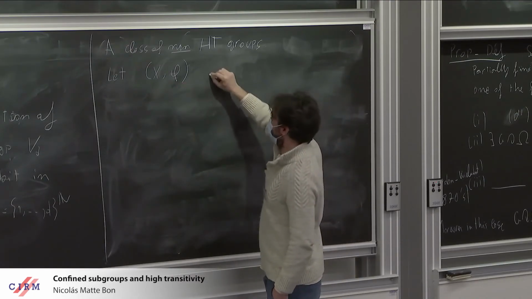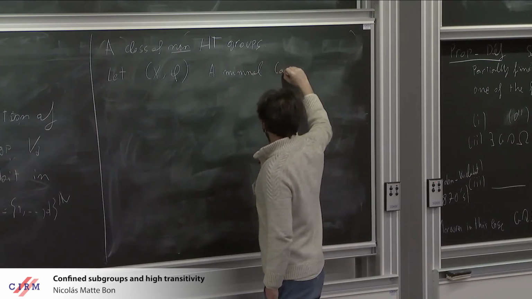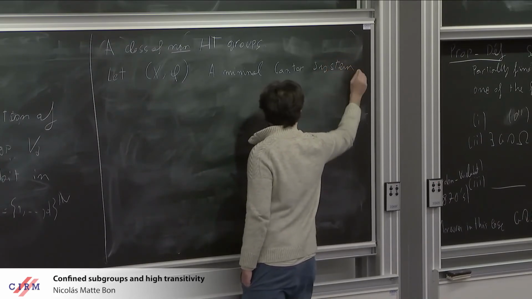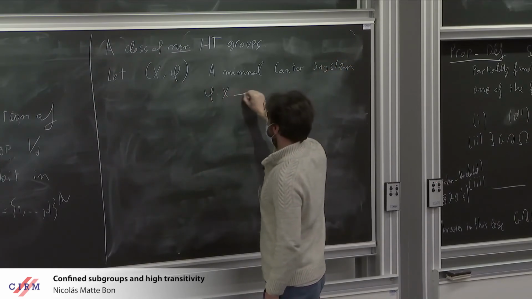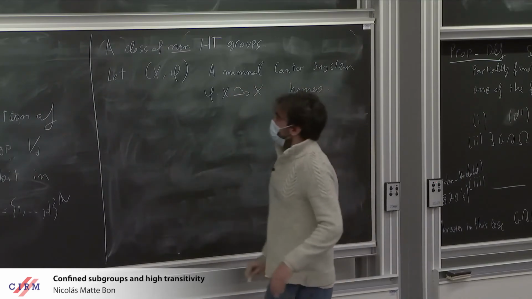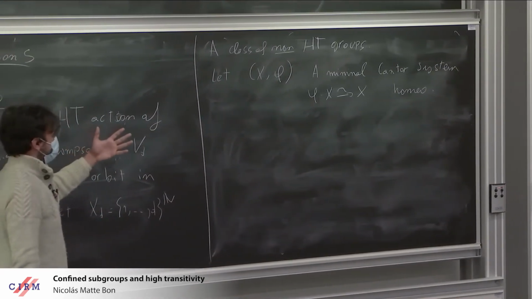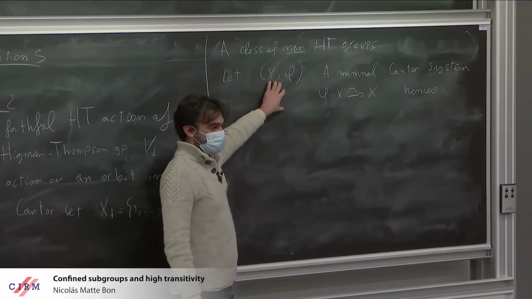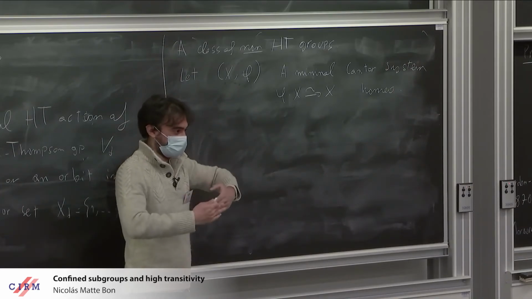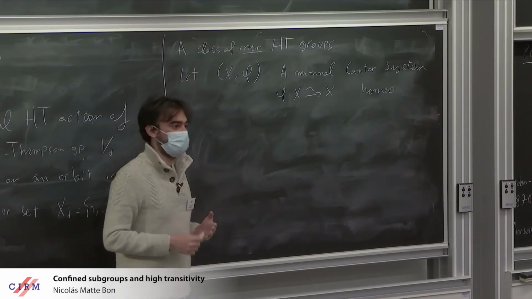Let me take (X, phi), a minimal Cantor system, where X is a Cantor set and phi is just a homeomorphism, so an action of Z. And I want to define a group that is associated to this system, which is similar to the topological full group of the system, except that I will define a group which acts not on the Cantor set itself, but on the mapping torus of the system, on the suspension space.